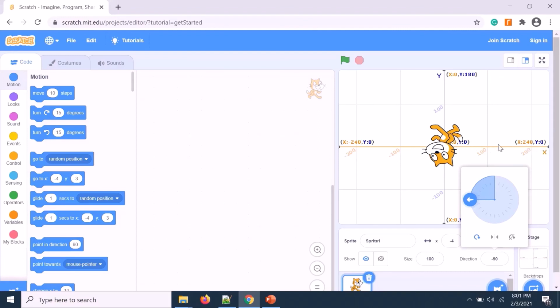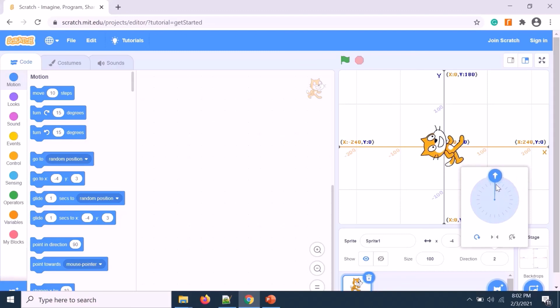This is a positive 90 degrees, and in this direction it is minus 90 degrees. If it goes here it is 180 degrees, and if it goes there that is 0 degrees. From here to here is the clockwise direction, and if I move in this direction, that is the anti-clockwise direction.